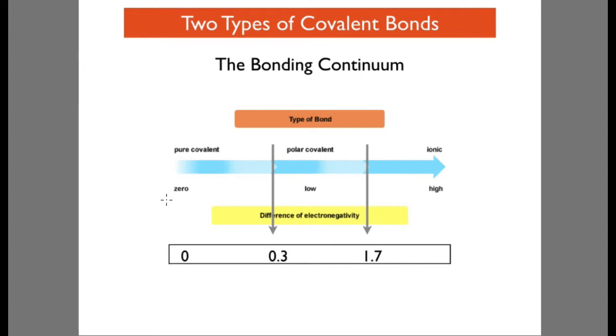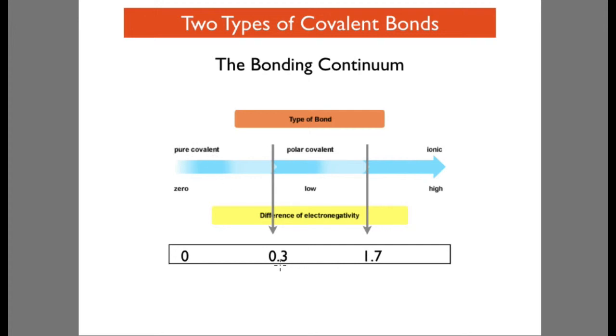There is actually a bonding continuum though. And you can see here we have values we use to separate the different sections. Below 0.3 we call bonds purely covalent. So if the difference in electronegativity is 0.3 or below, they're pure covalent.